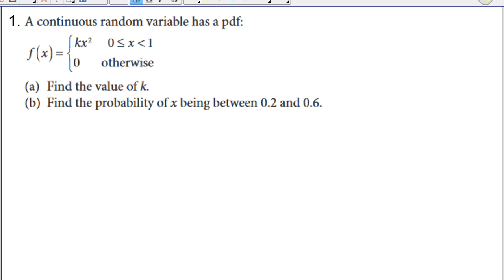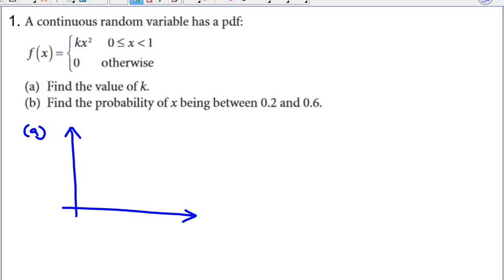So, number one. A continuous random variable has probability density function given by that, when x is between 0 and 1, or 0 otherwise. Find the value of k. What we'll start with is to sketch this graph to see how it looks.